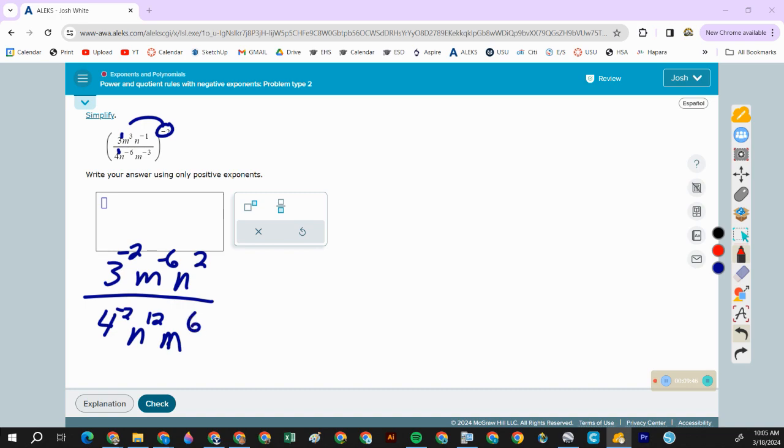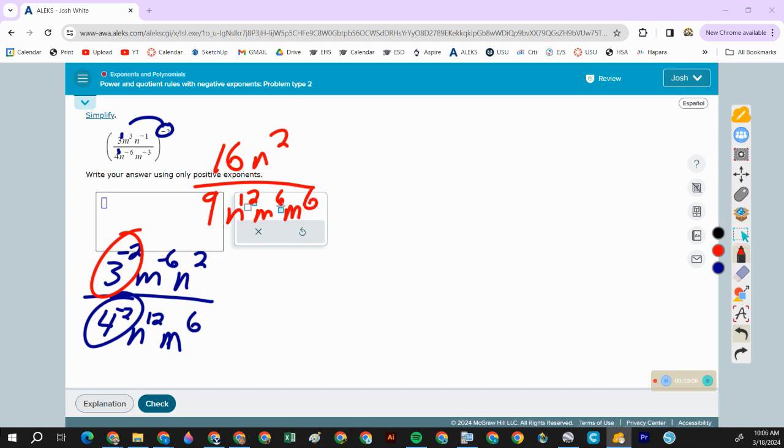Then we move all the negatives. So on top, I get 16 n squared. And on bottom, I get 9 n to the 12th, m to the 6th, m to the 6th. Then we simplify, 16 over 9, and I end up with 10 n's on the bottom and 12 m's on the bottom.